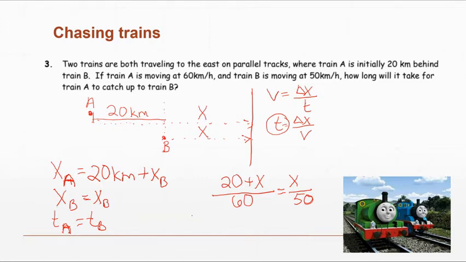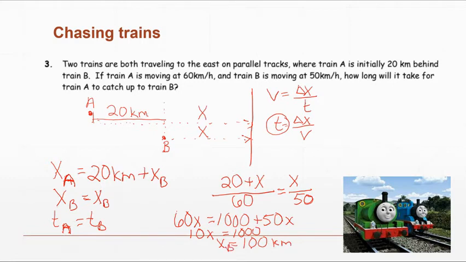And so we end up getting 60x is equal to 2 times 5 is 10, add our 2 zeros, 1,000, plus 50x. So I know that 10x is equal to 1,000, so the distance that B has traveled is 100 kilometers.